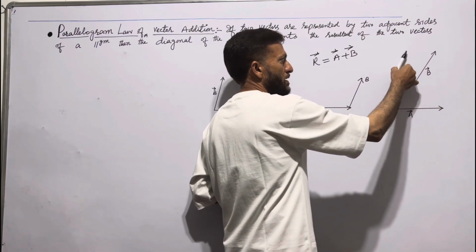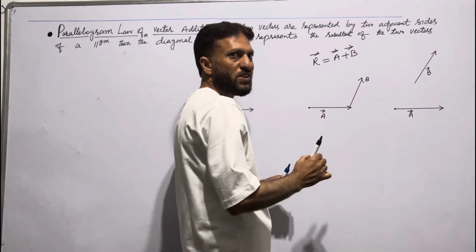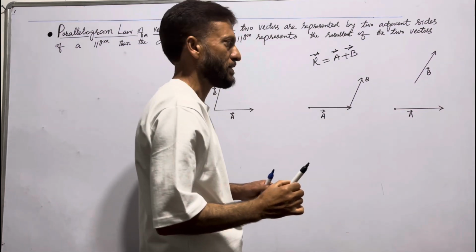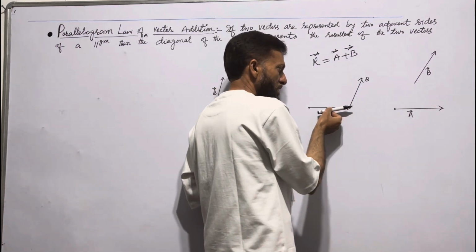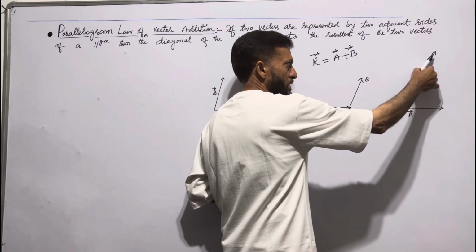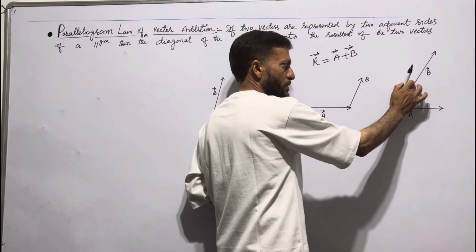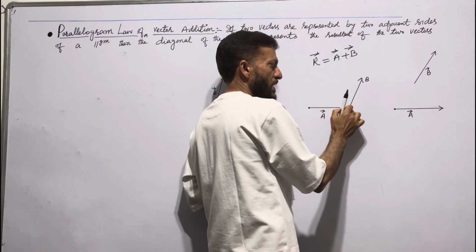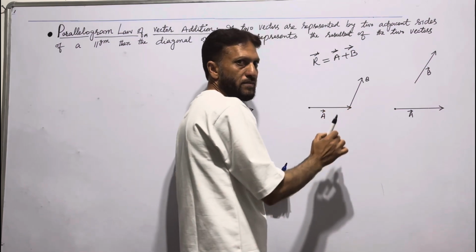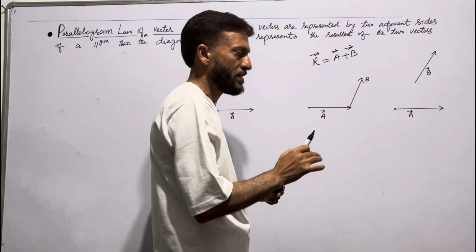Then I will shift it downwards. I am not changing the direction of the vector. This is vector A, shift it here. This is vector B, I am shifting vector B in such a way that tail of vector B coincides with the head of vector A. This is one way of joining two vectors to find their resultant.